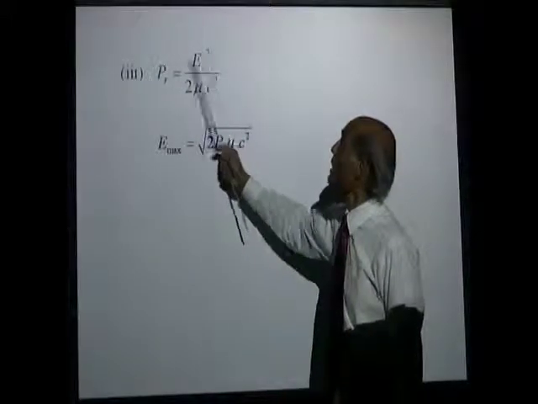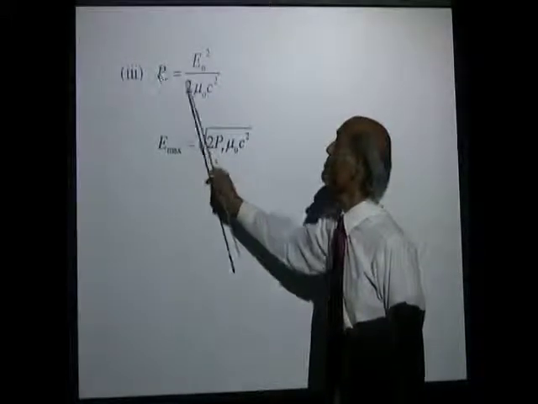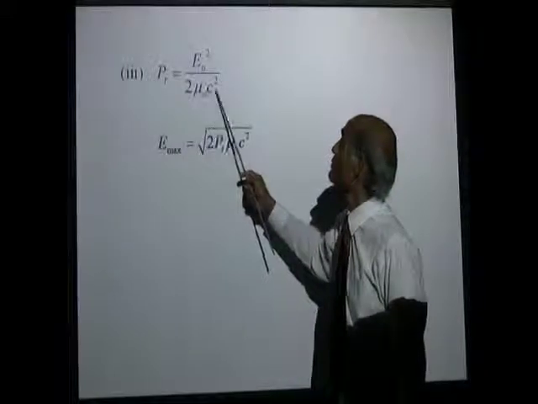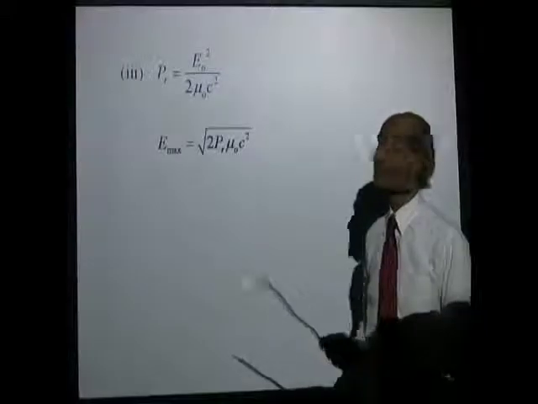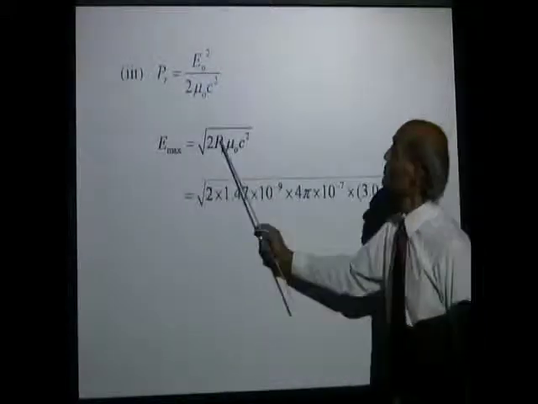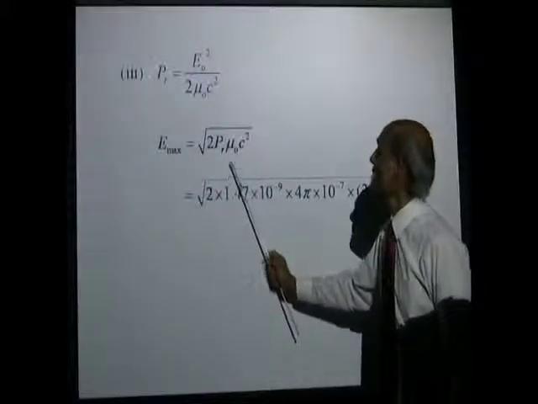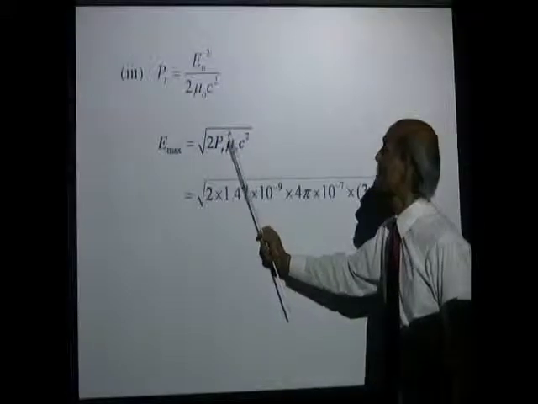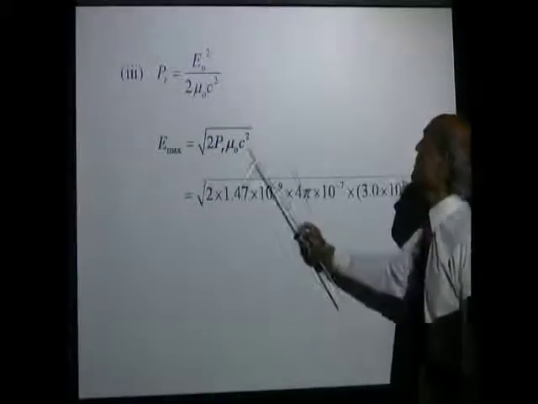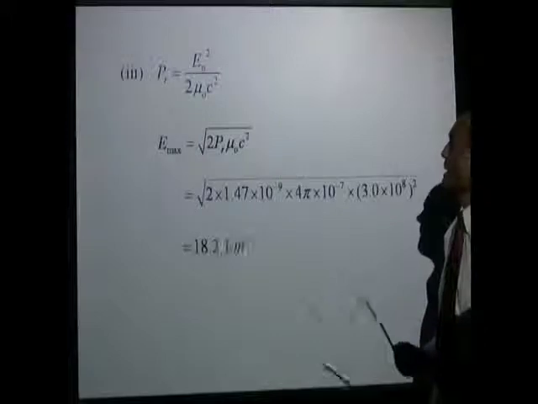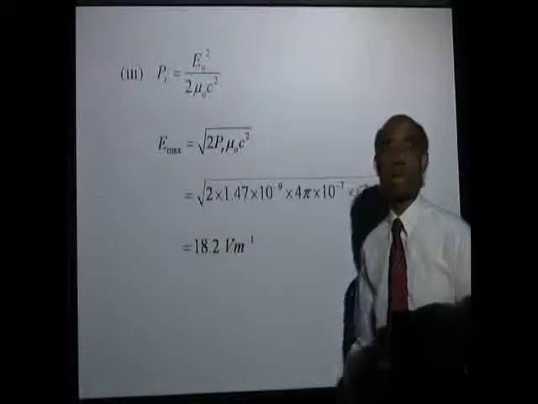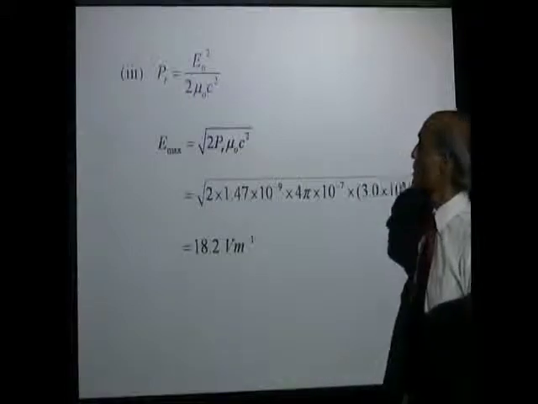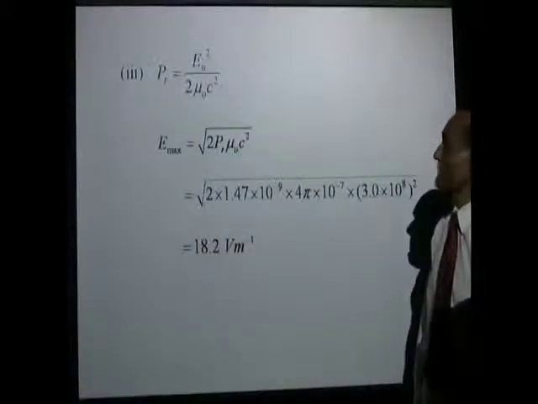But E0 squared is 2 P_R mu 0 C squared. Therefore, E max is the square root of that quantity. We just calculated the radiation pressure. We know mu 0 and we have C squared. That gives you E max, the maximum electric field, as 18.2 volts per meter.